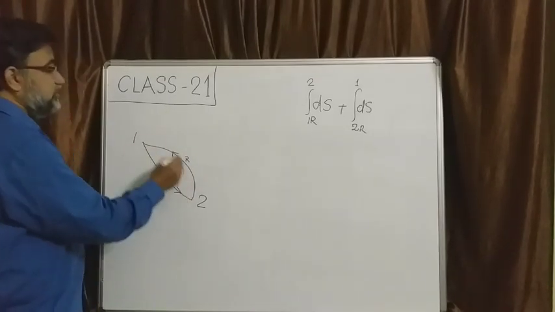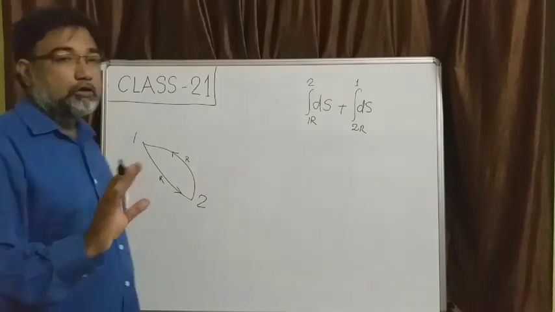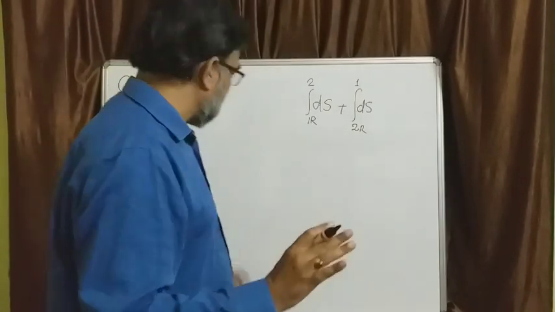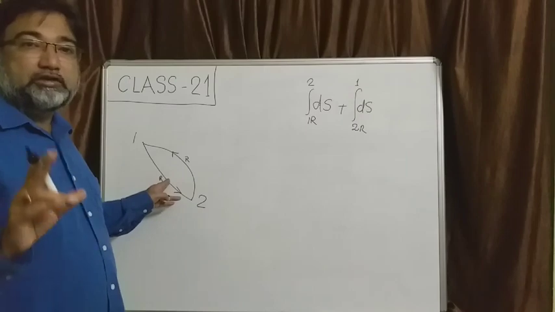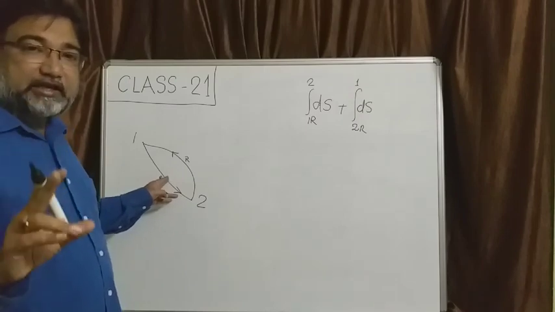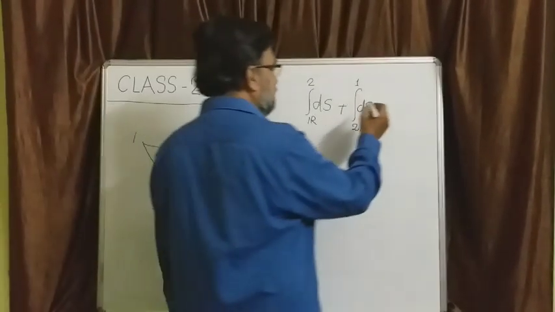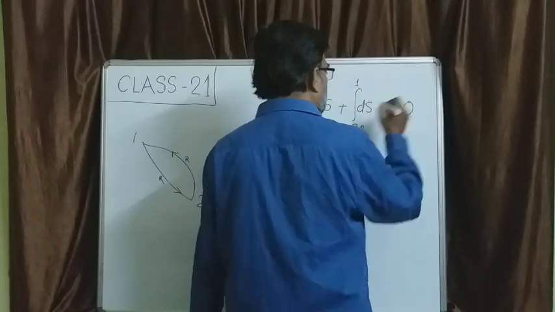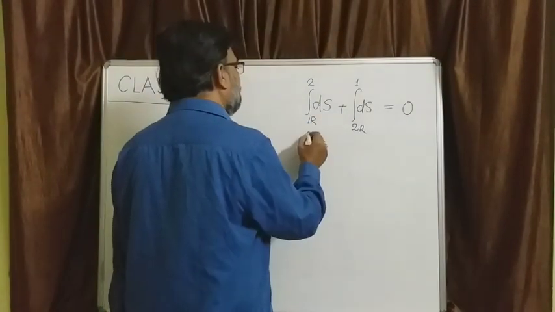So what do these two processes constitute? They constitute a cycle, and that cycle is a reversible cycle. So this is 0 because entropy is a property.